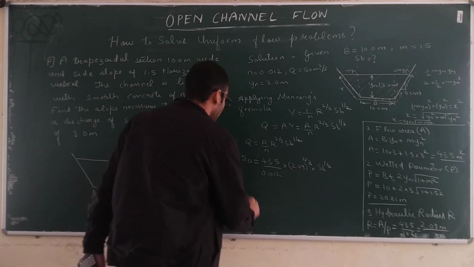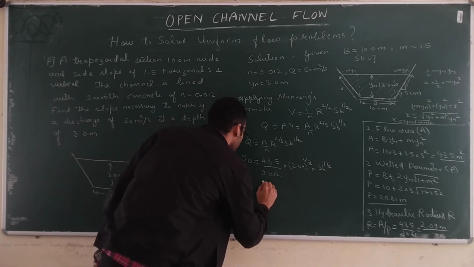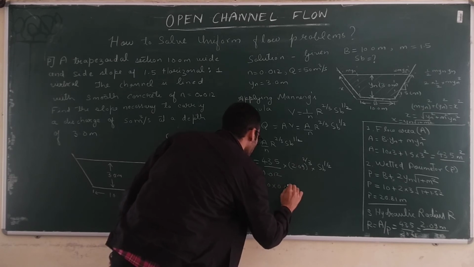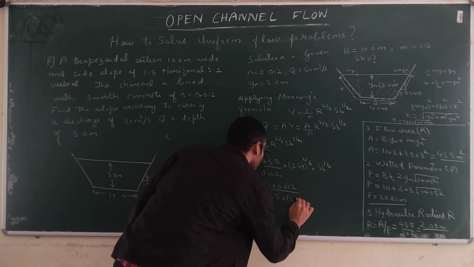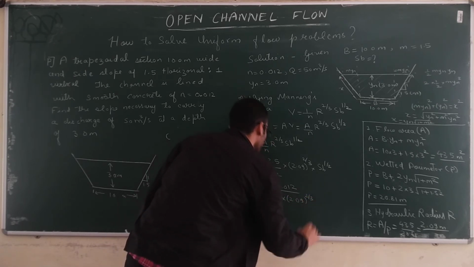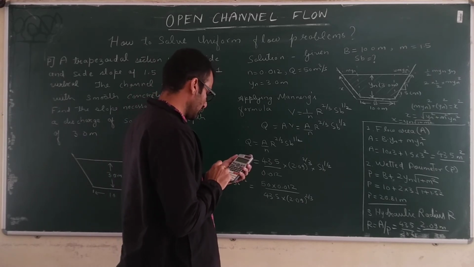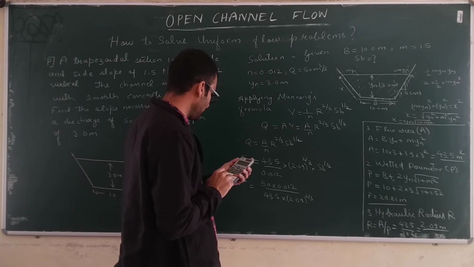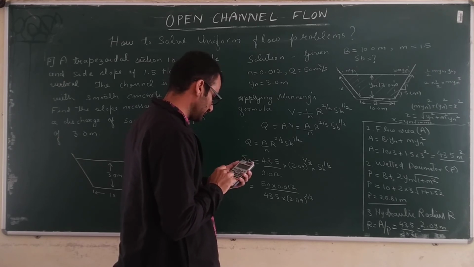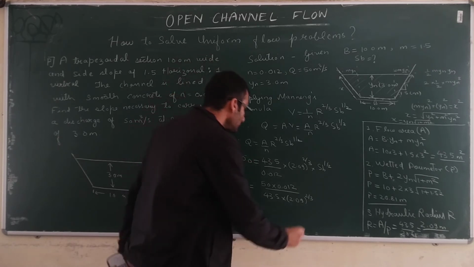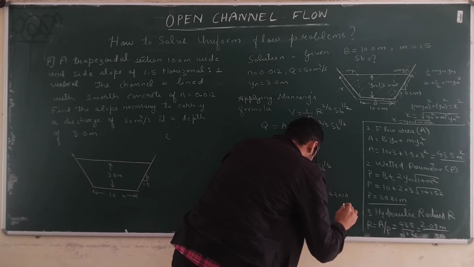So from here we can calculate SB to the power half equal to, I will simplify this, 50 into 0.012 upon 43.5 into 2.09 to the power 2 by 3. Just calculate this. This comes out to be 8.43 into 10 to the power minus 3.